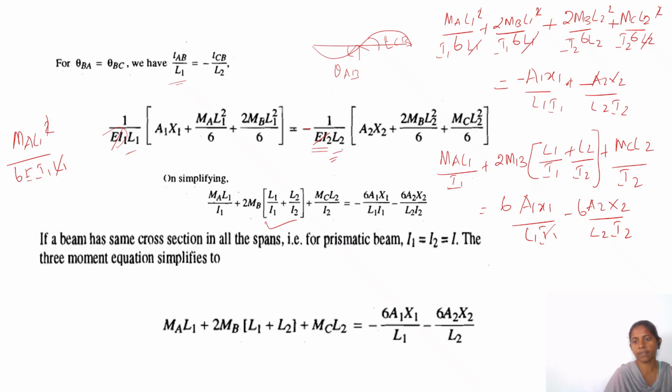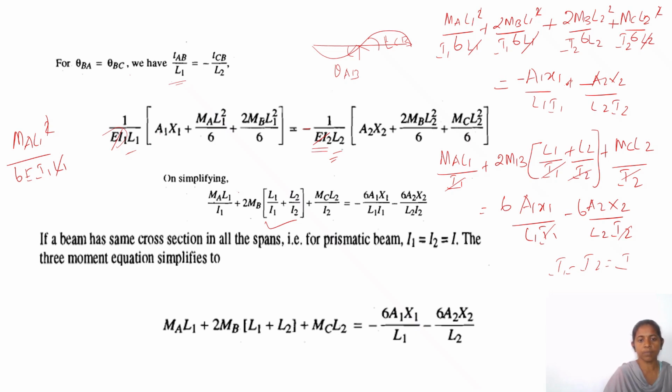You can cancel all I1, I2 from this term, if I1 equals I2 equals I. So MA L1 plus 2MB times L1 plus L2 plus MC L2 equals minus 6A1 X1 by L1 minus 6A2 X2 by L2. So this equation is called the theorem of three moments, or Clapeyron's equation.